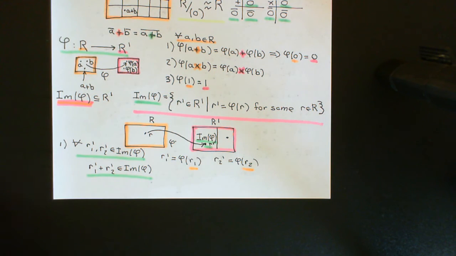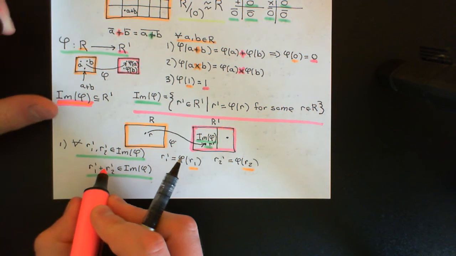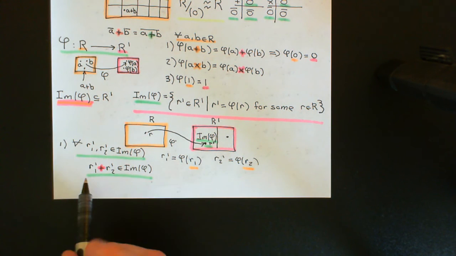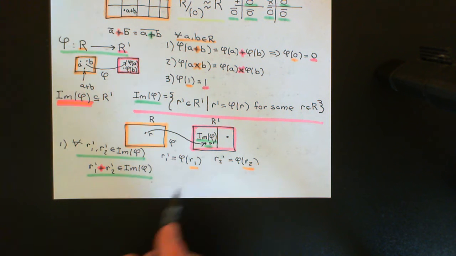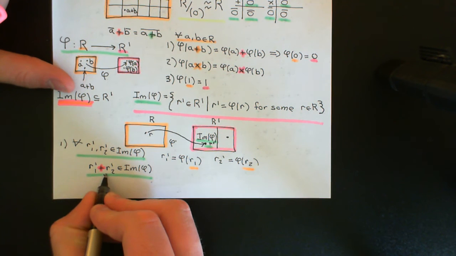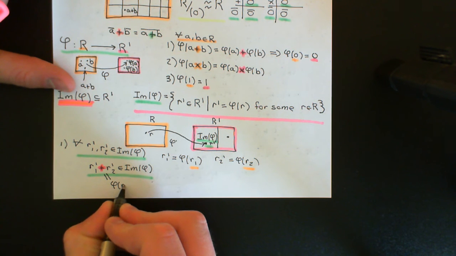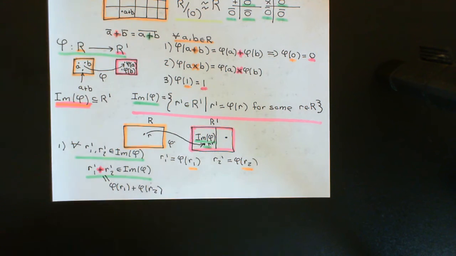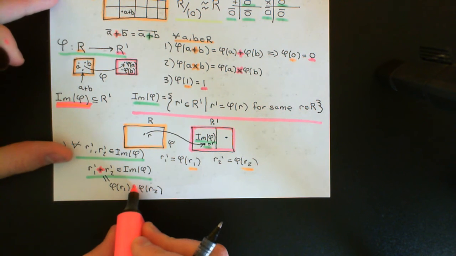Okay, so now if we're considering what is R1 prime plus R2 prime, and even though I said I wasn't going to do this, I think I will colour that in pink here. If we're considering what those two things added together in the codomain ring is actually going to be equal to, we can just substitute in these things. So this is going to be exactly equal to phi of R1 plus phi of R2, where this is addition in the codomain ring.